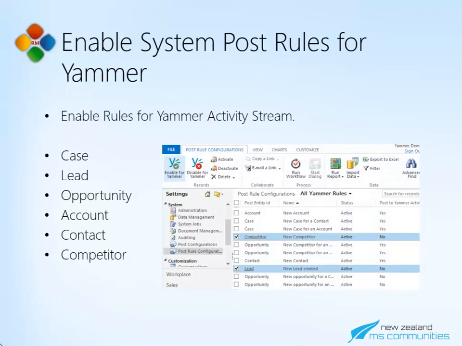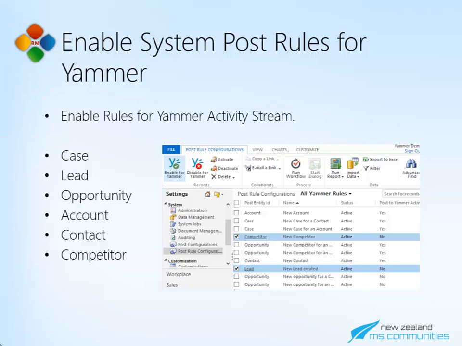So once you've enabled the post configurations, you then come down to post rule configurations, and this is where we actually define what gets posted to Yammer for those entities. On the left of that view, we've got the post entity IDs, for example competitor and lead, and we want to turn on the new competitor and new lead created rules.